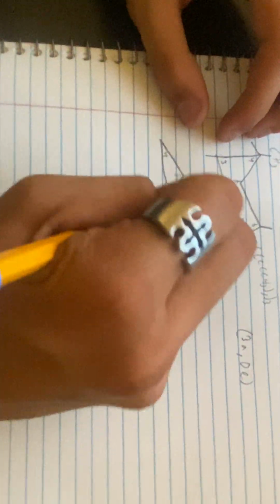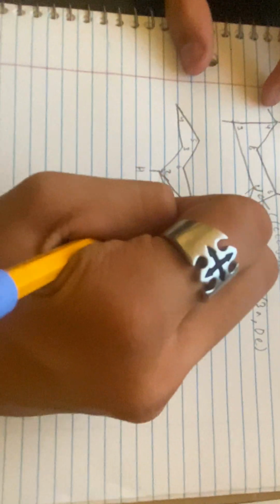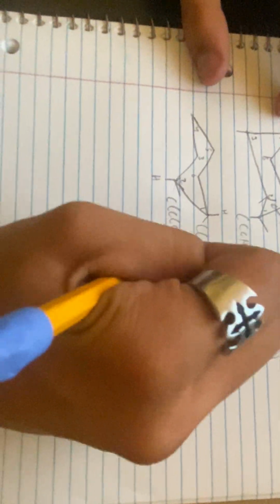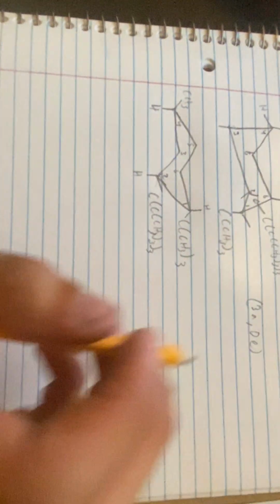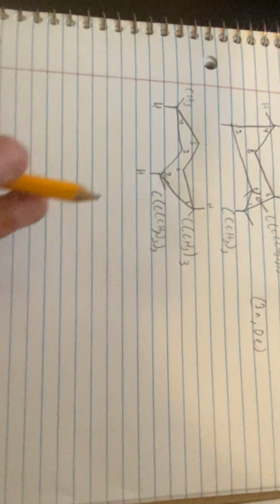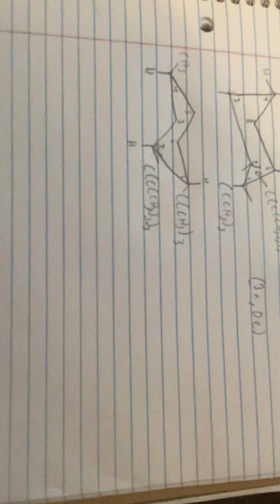It's actually supposed to be up, sorry. So we know it goes like that, and that's the big one, CH3. Now over here we have the H and the CH3.